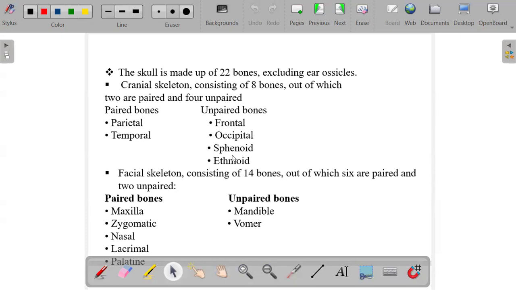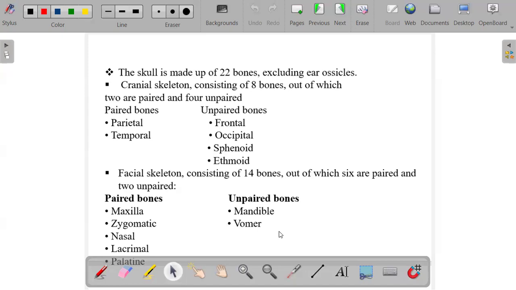So this cranial skeleton has 2 paired and 4 unpaired. The bones that are paired are the parietal bone and the temporal bone. The unpaired bones are the frontal bone, the occipital bone, the sphenoid, and the ethmoid bone. Then for the facial bones that make up the face, we have 14.